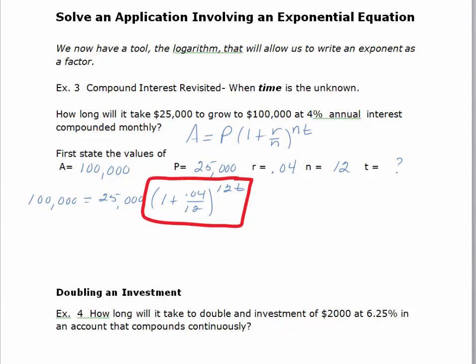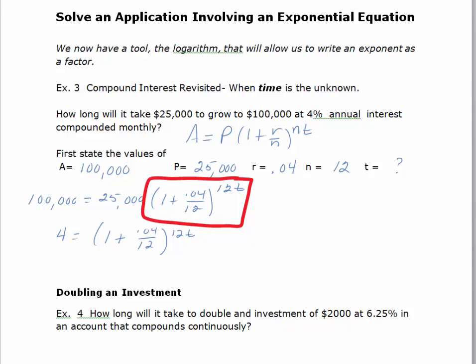That will give me 4 is equal to (1 plus 0.04 divided by 12) to the 12t.